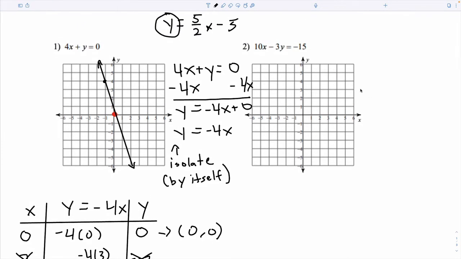There it is. Last one. 10x minus 3y equals negative 15. Let's clean it up. My goal is to isolate for y. What would I move first from this one, Milo? How do I move it? What would I do to both sides? Good. So let's do minus 10x.